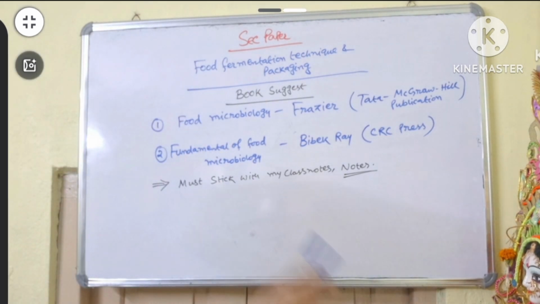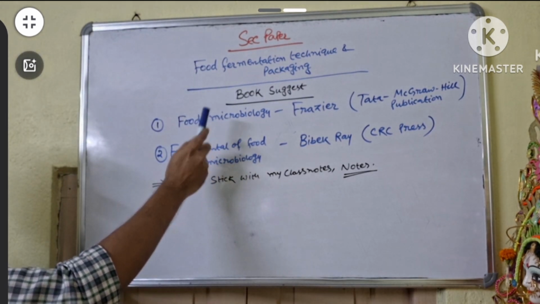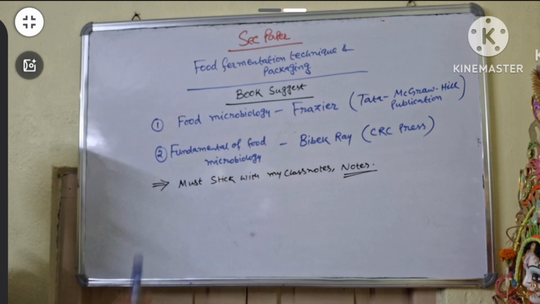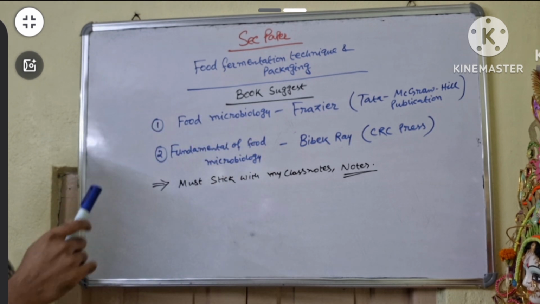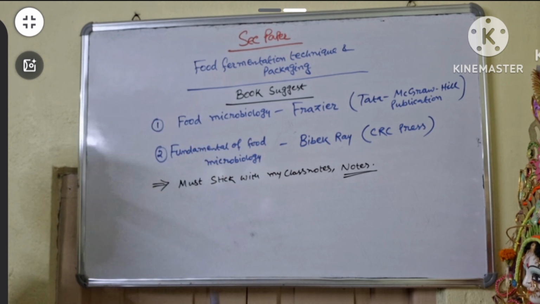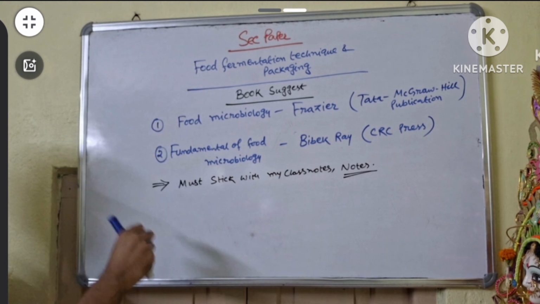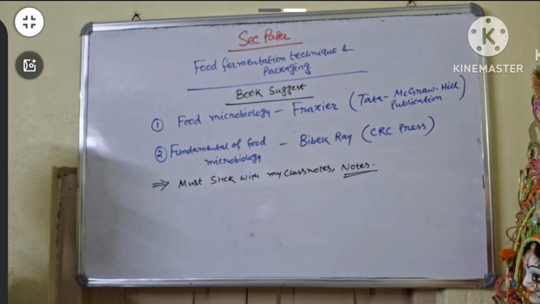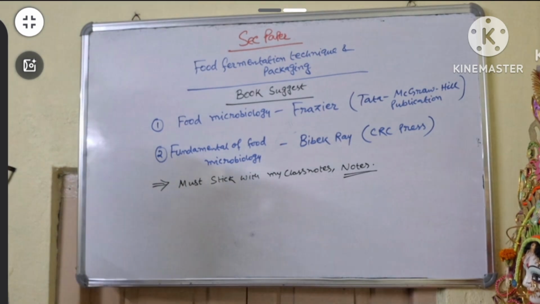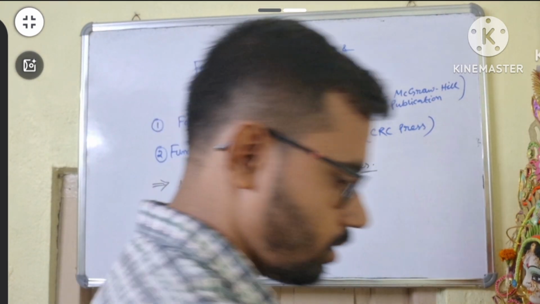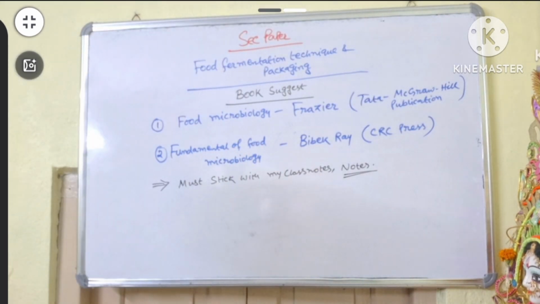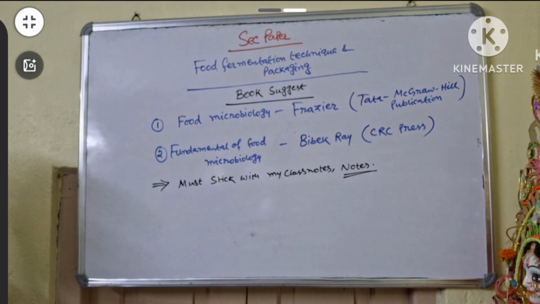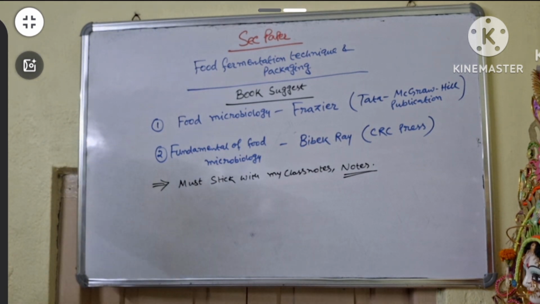And you can see the suggested books are all food microbiology books, and the topic here is food fermentation technique. That means some parts are taken from the food microbiology syllabus to make the units in this SEC paper. Clear? Book suggestions, syllabus, question paper analysis, etc.